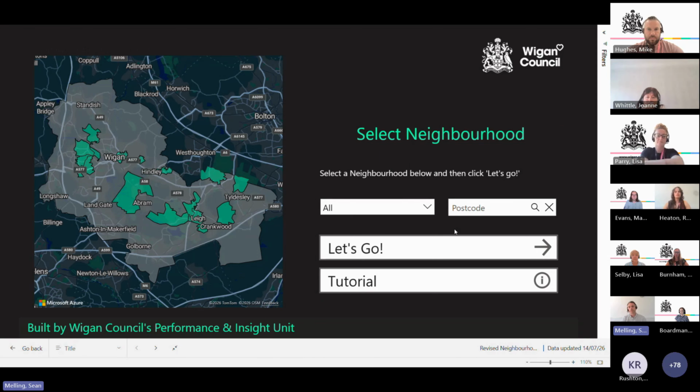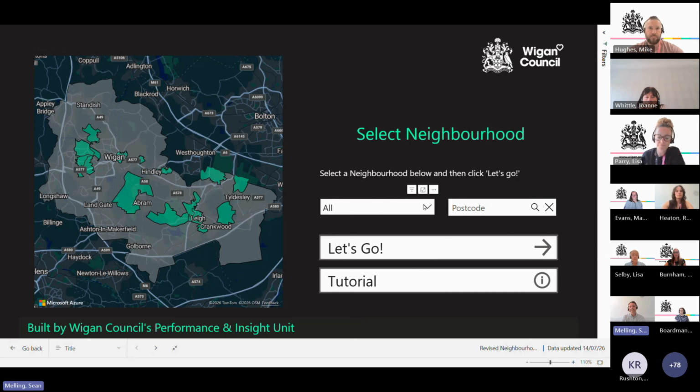So if you weren't sure what postcode the neighbourhood falls into, type that in there and it should automatically jump to it. You've also got a tutorial that will take you through how you navigate this report as well. We'll say this is still very much at prototype stage, and we're always looking for ideas to improve the product as well.